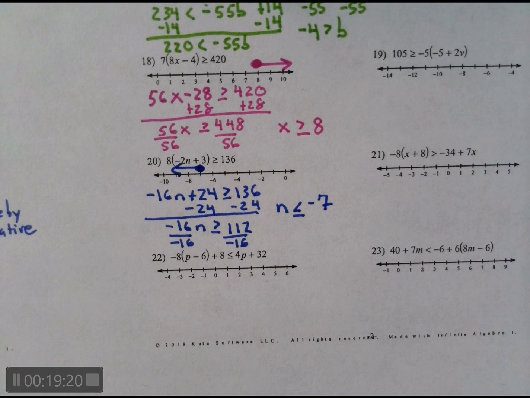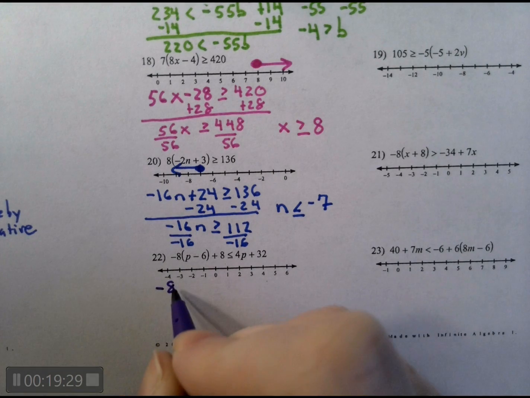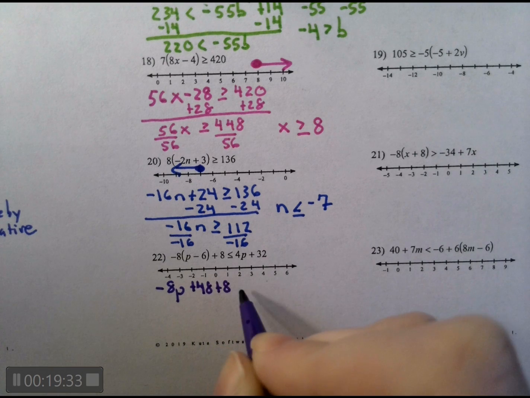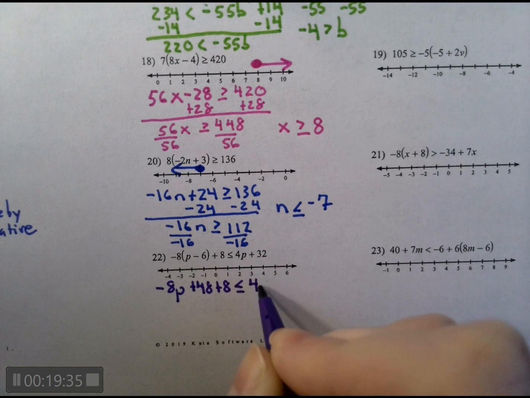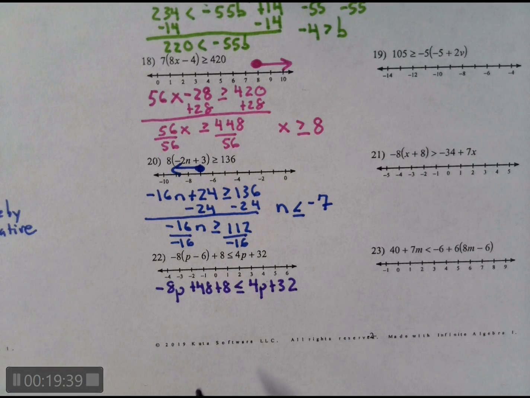Alrighty. 22. So we have to distribute our negative 8. So negative 8p plus 48 plus 8 less than or equal to 4p plus 32. So I'm going to start by combining my like terms right here. 48 plus 8 will give me 56.